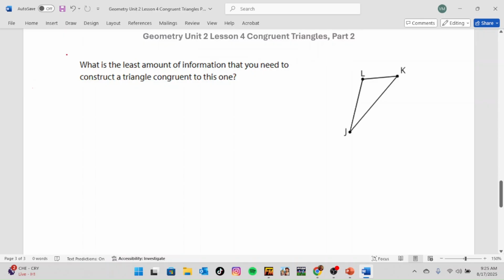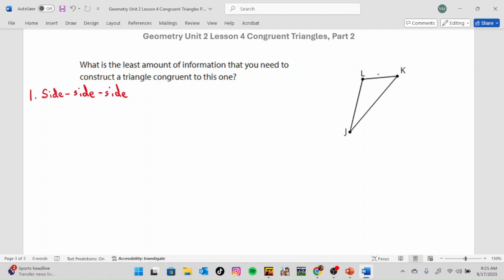What is the least amount of information that you need to construct a triangle congruent to this one? We've talked about it a few times, but there are 3 sets of information that we could go with. Number 1 is the most obvious, and that is side, side, side.